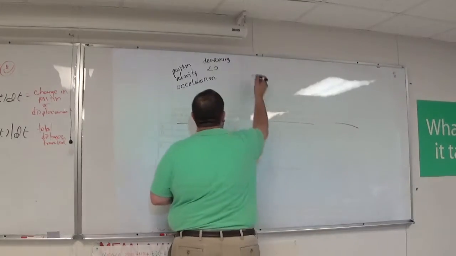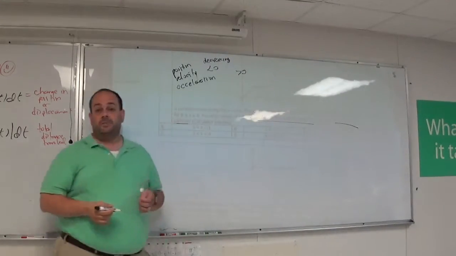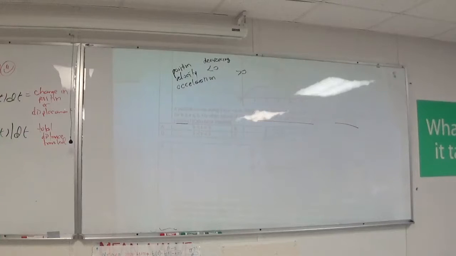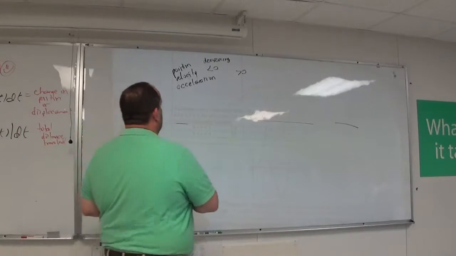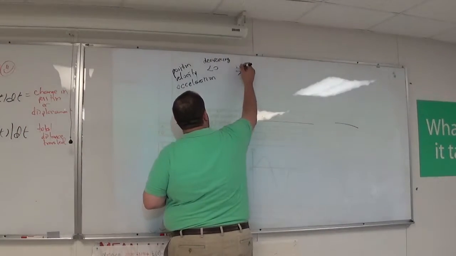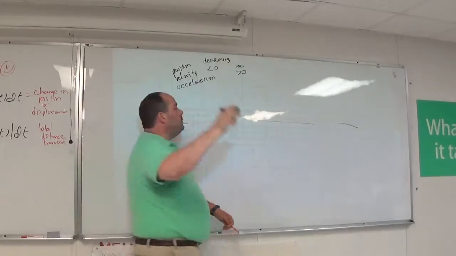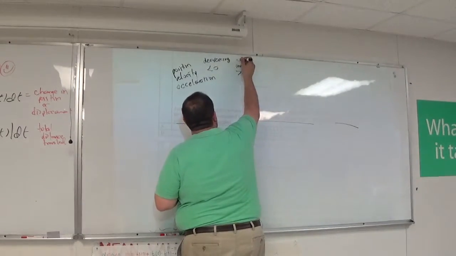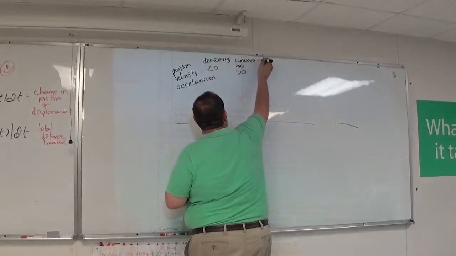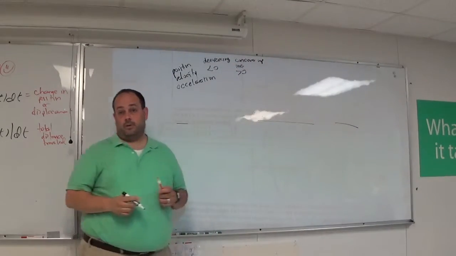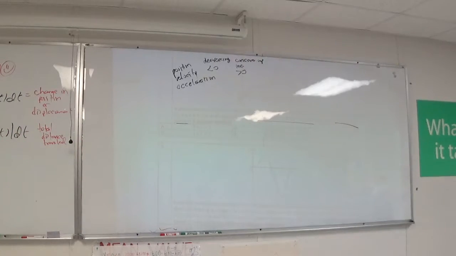Acceleration is positive. If acceleration is positive, velocity has to be increasing. And if the velocity is increasing, then your position has to be concave up. So you're looking for your position to be concave up and decreasing at the same time.